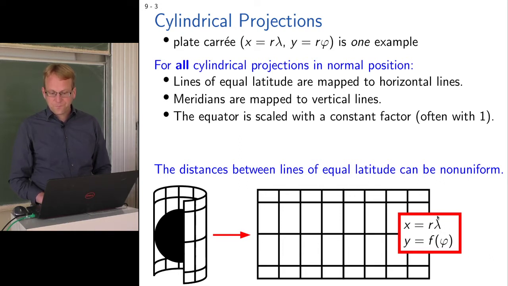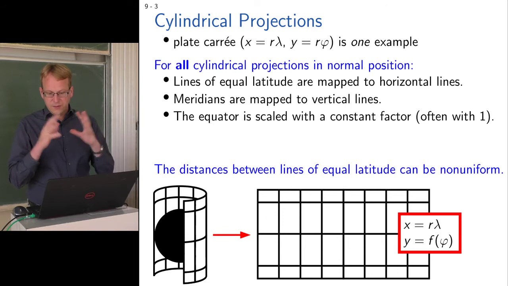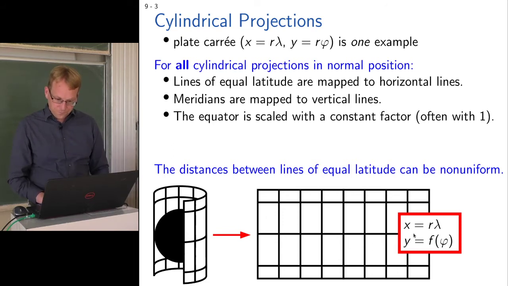Well, of course, for the equator, lambda ranges between minus pi to pi, and then we have in total the length 2 pi times radius, and that is exactly the perimeter of the Earth.